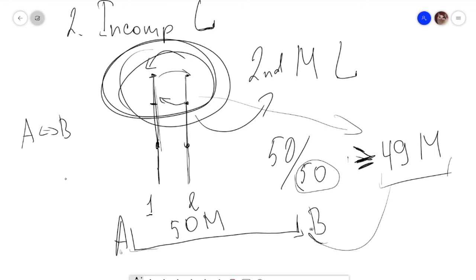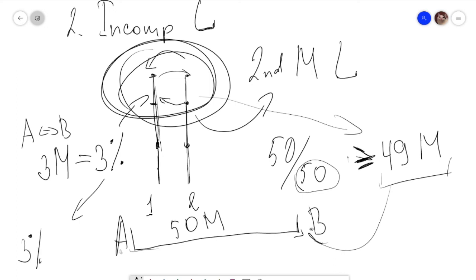Okay, for example, when the distance between genes A and B is 3 morganids, there is a 3% chance of crossing over, and 3% of all individuals in the next generation.